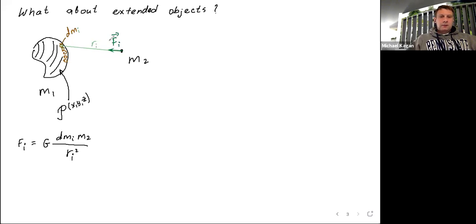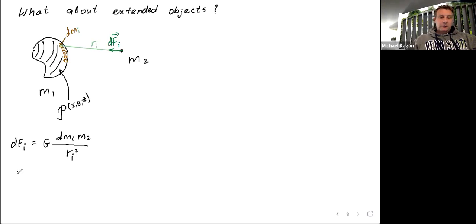It's df, because it's an infinitesimally small force. Then you need to consider all these little dm's, consider all the little vectors, add them up as vectors, and that'll give you the resultant force.